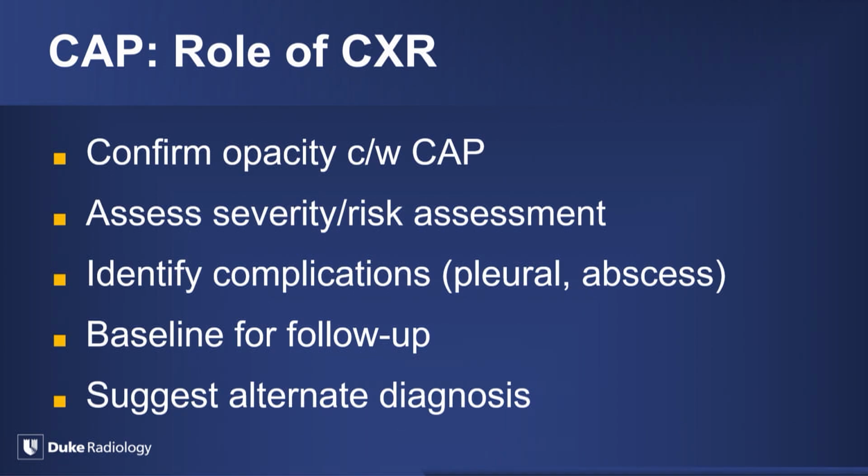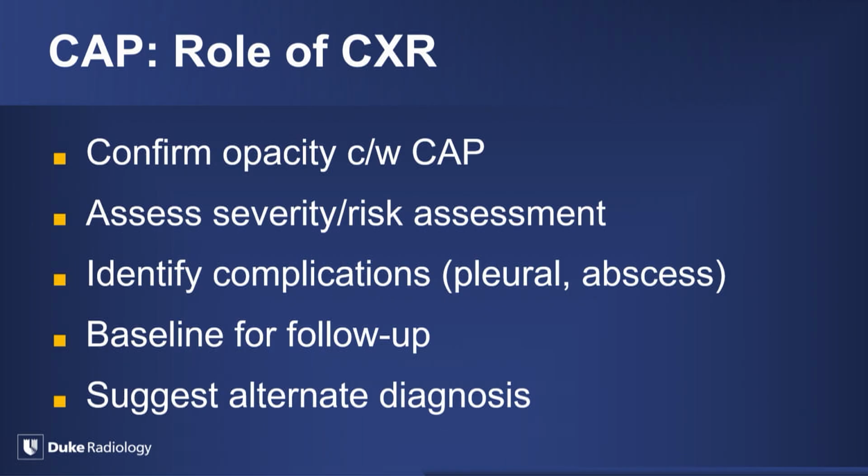So it really does raise the larger question: what is it that the clinicians really want from us on a radiograph in someone they suspect of having community-acquired pneumonia? Well, first and foremost is to confirm whether there is an opacity present which is consistent with community-acquired pneumonia.